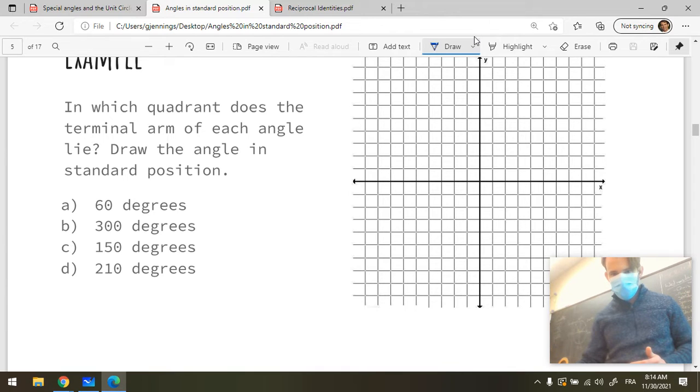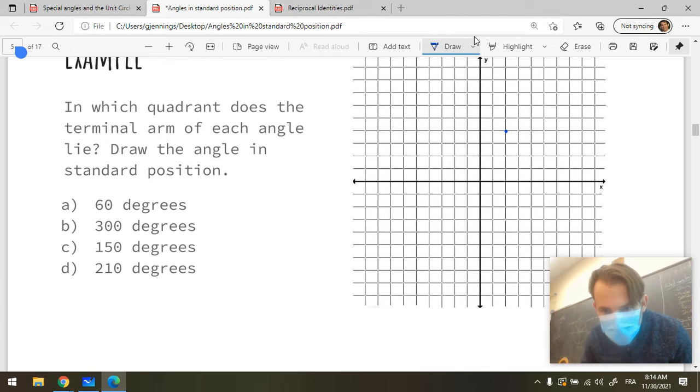I happen to know that this point will be on that angle, and I'll show you why in a second. And then I can just draw that on there, like that. There is an angle that is 60 degrees, and I'll zoom in a little bit because this is too small.